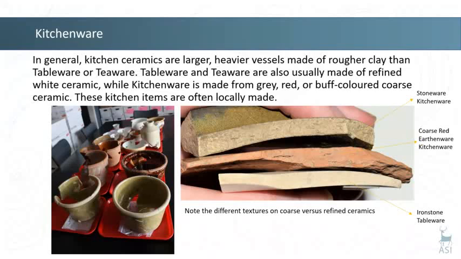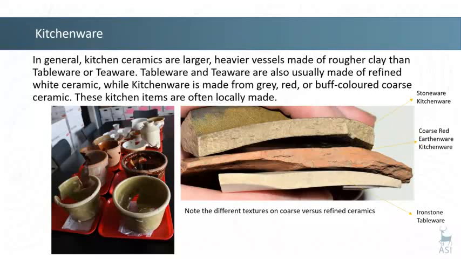If you contrast the texture of the ironstone tableware versus the coarse red earthenware and the stoneware, the tableware is so much more smooth and more refined, and the kitchenware is chunky and coarse. It's more of a functional object, right? It needs to be nice and thick so that it can take a beating in the kitchen.